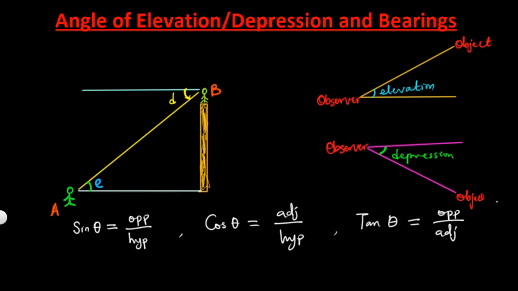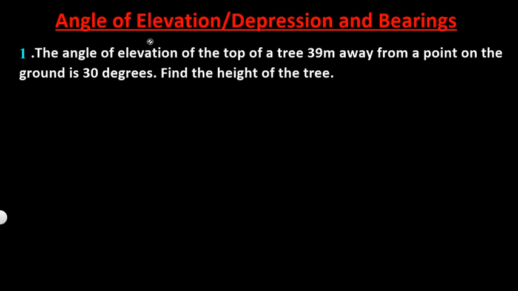So let's take an example. The angle of elevation of the top of a tree 39 meters away from a point on the ground is 30 degrees. Find the height.